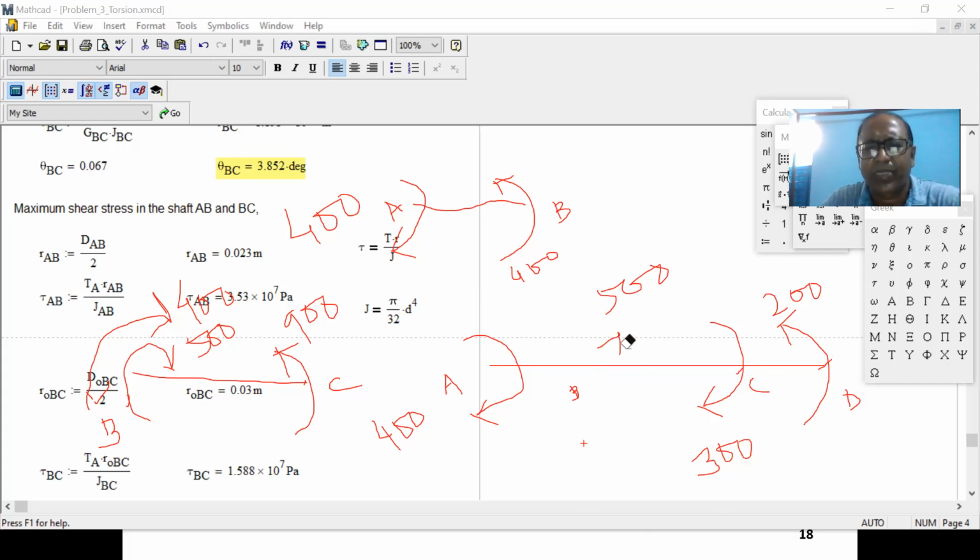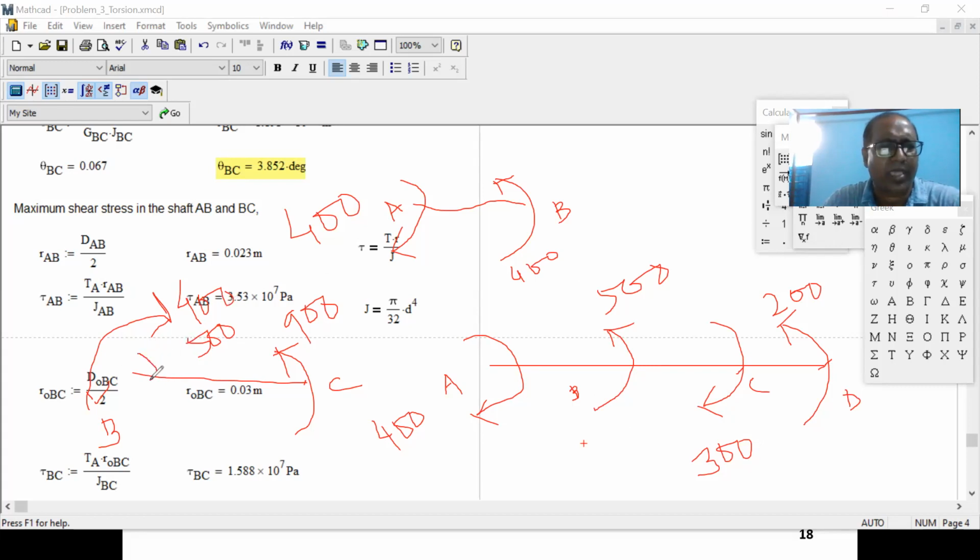This is not balanced, because this is clockwise, this is clockwise, 700. So anti-clockwise has to be 500. This is anti-clockwise.